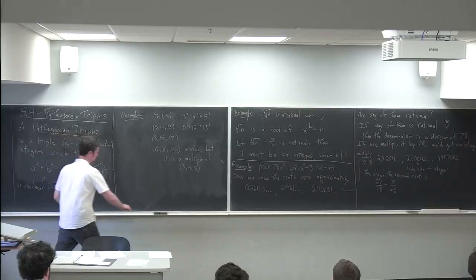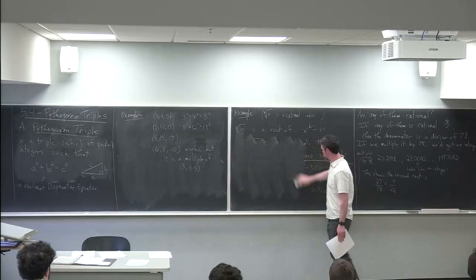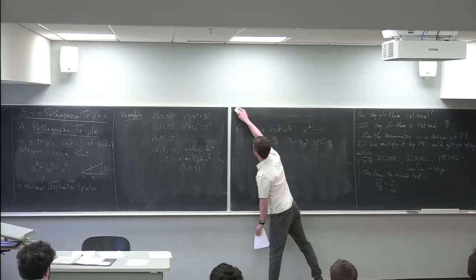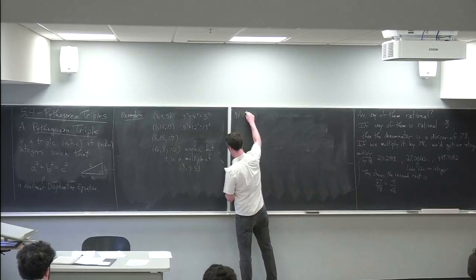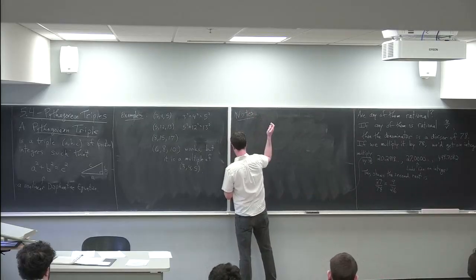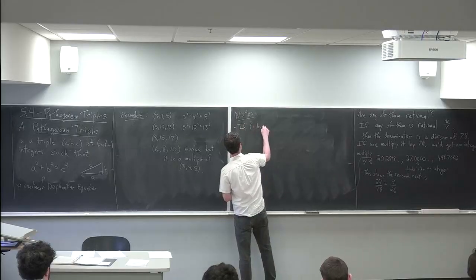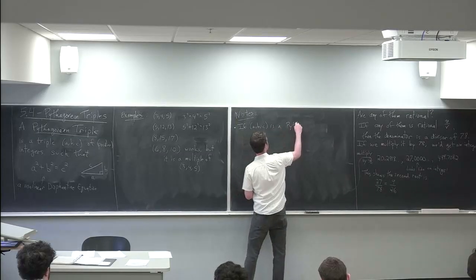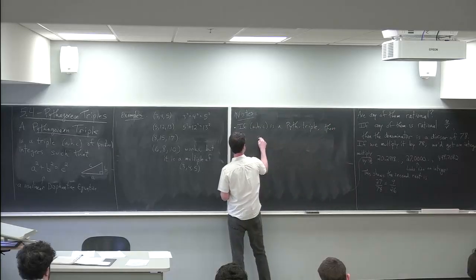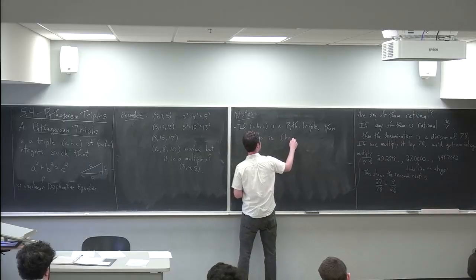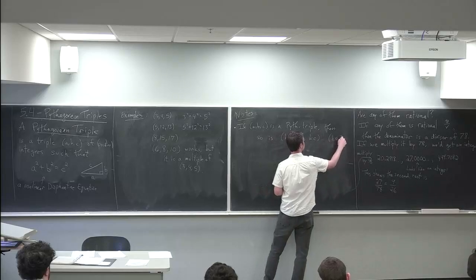Okay, so 2 observations. The one I just said is that if you start out with a Pythagorean triple, you can make a new one by multiplying it by an integer. Okay, so 2 notes. First one, if a, b, c is a Pythagorean triple, then so is, let's say, k times a, k times b, k times c, where k is an integer.